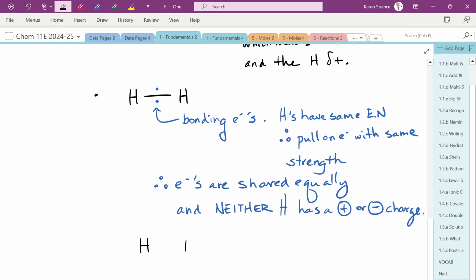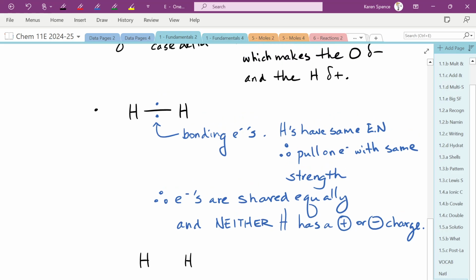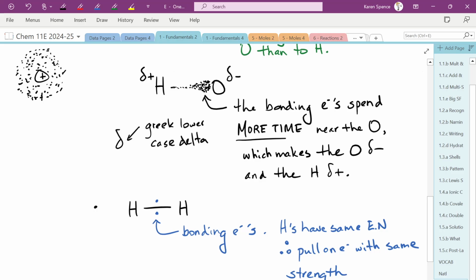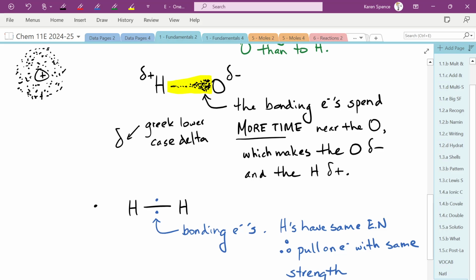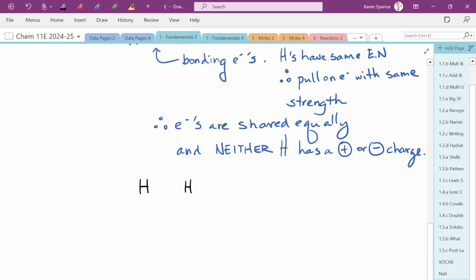So what I'd like you to do, once you've got that down, is to predict what you think that bonding electron cloud would look like between the two atoms. Up here, it looked like we had a greater density towards the oxygen. Take a guess at what it's going to look like down here. Try and draw it.